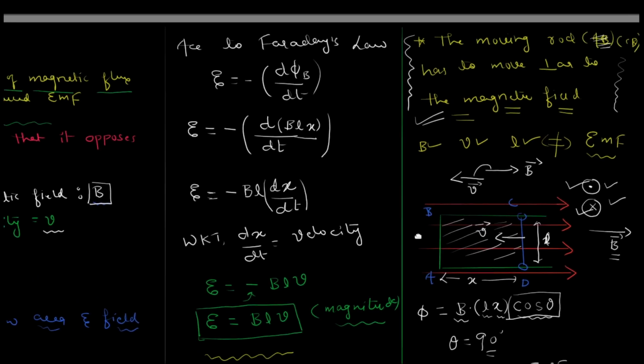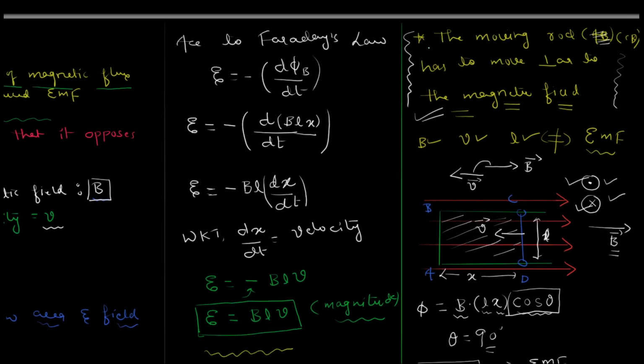This yellow line that we have written is actually very important: in the case of motional EMF, having a magnetic field and a rod of certain length moving with certain velocity in the region of the magnetic field is not enough.